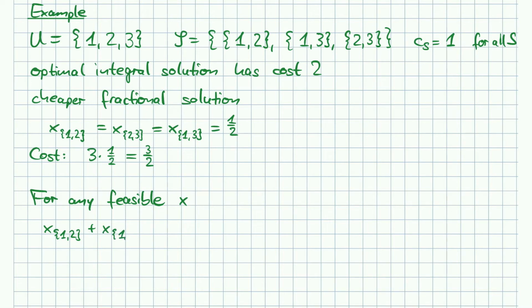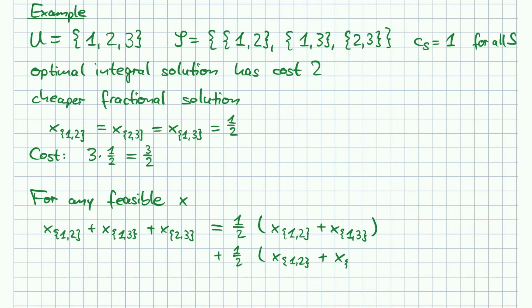So if you add up all these three variables that you have in the LP relaxation, well, we'll take a half of the variables which contain 1, plus a half of the variables which contain 2, plus a half of the variables which contain 3.